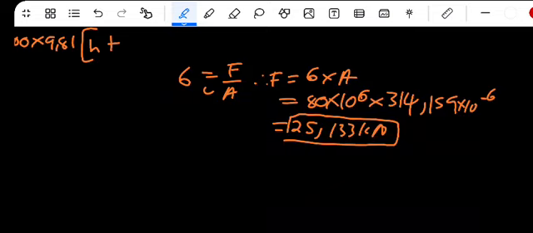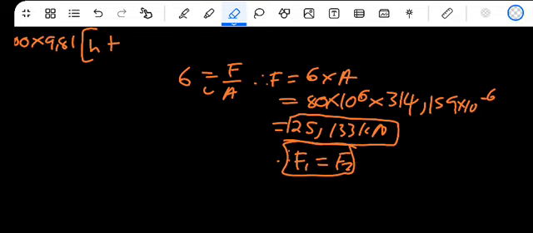But we know anyway that force F1 is the same as F2. The force will be the same there. So we have that force there.